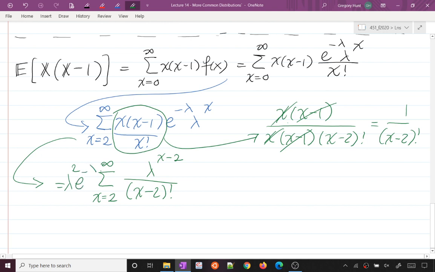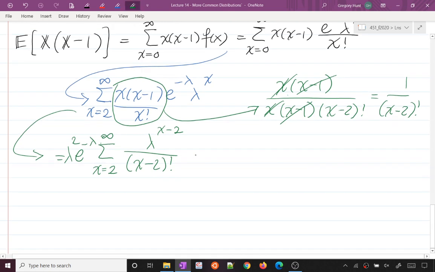And let's factor out e to the negative lambda. If we do this, then we should be able to play the same trick we played last time, where we re-index it, and it becomes a geometric series and works out nicely. So we have lambda squared, e to the negative lambda.